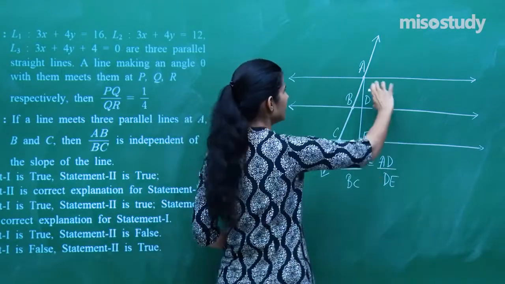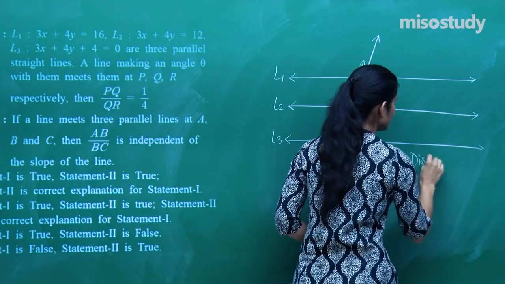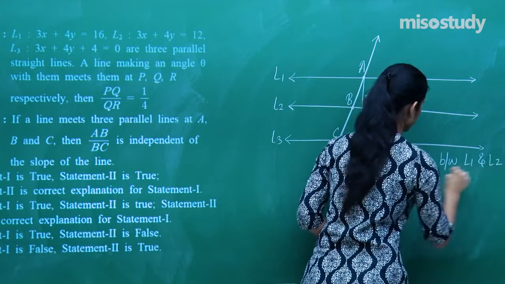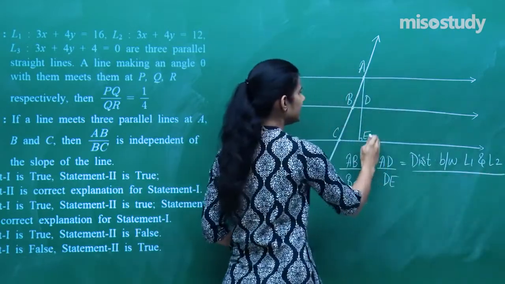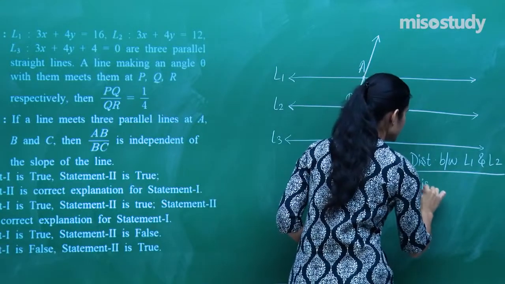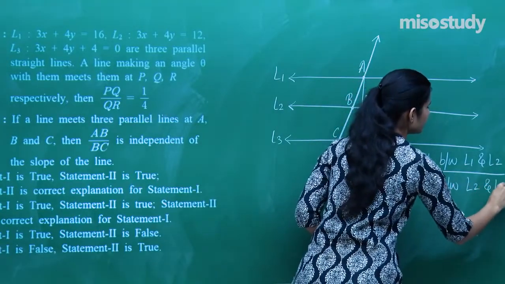Right? What is AD? Distance between L1 and L2. It is the distance between L1 and L2. And what is DE? Distance between D and E is same as distance between L2 and L3.